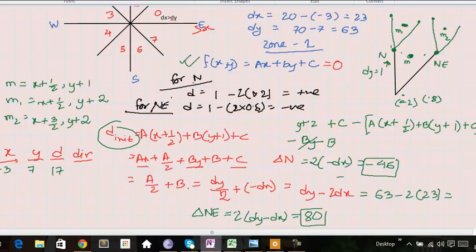So we take n as positive and ne as negative.